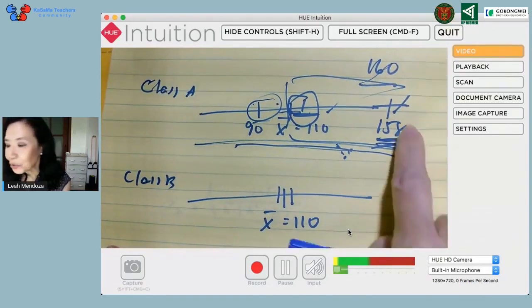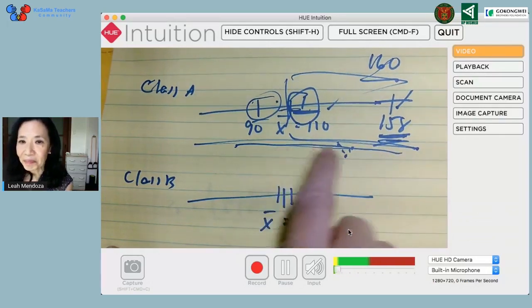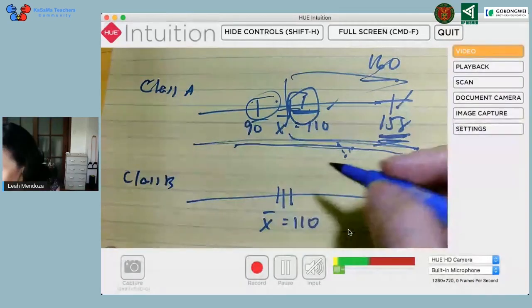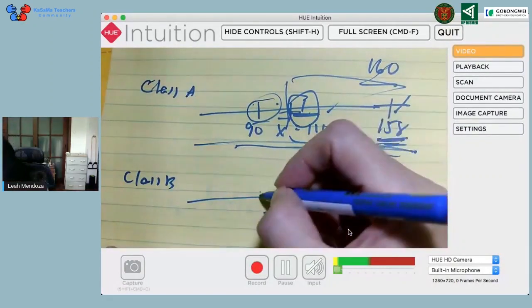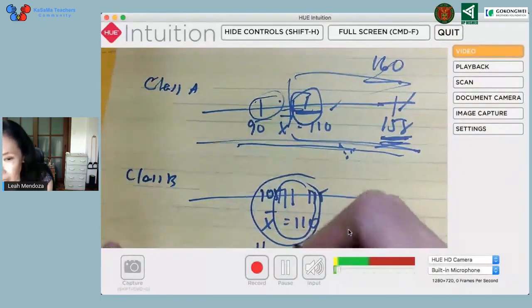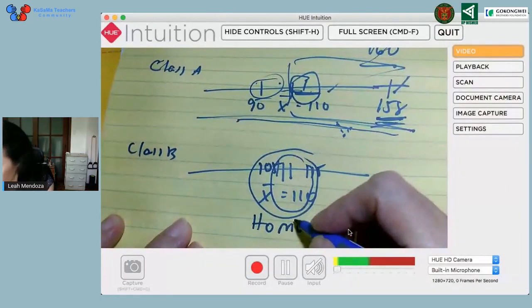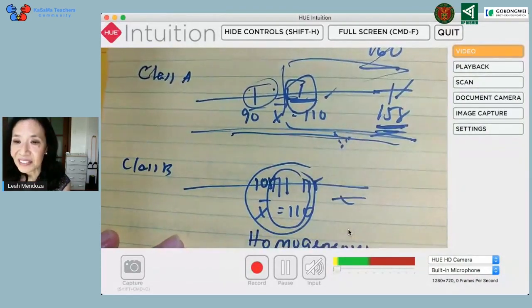He could understand so fast and so well, but the others were like, understand? But if you have a class like this, where all of them are just the same, 115 or 95 or 105, what you call a homogeneous class, this class is much easier to teach than this one.